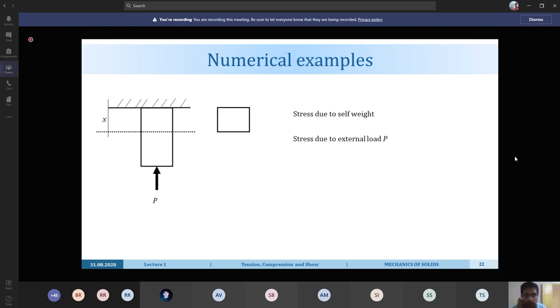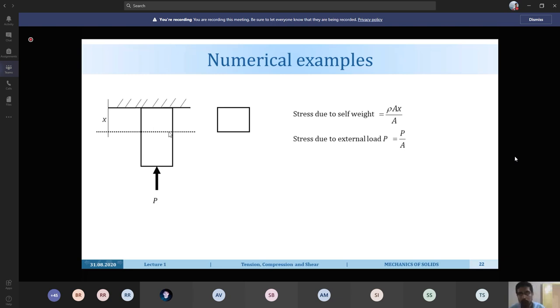So what we have to do here is find the stress due to two parts. One is the stress due to the external load P. At this point, the stress due to the external load will be P by A. And we have to find the stress due to the self weight. The stress due to the self weight will be density times volume, that is the force part, divided by area.